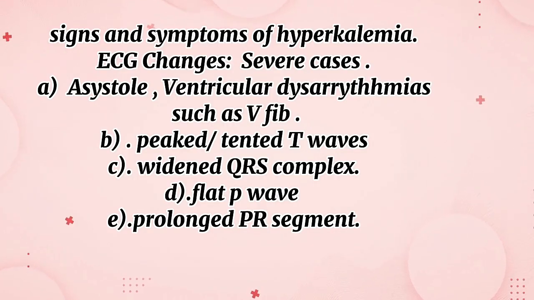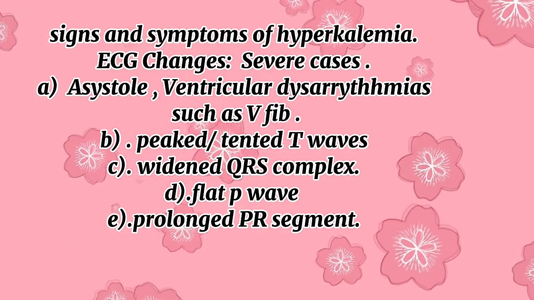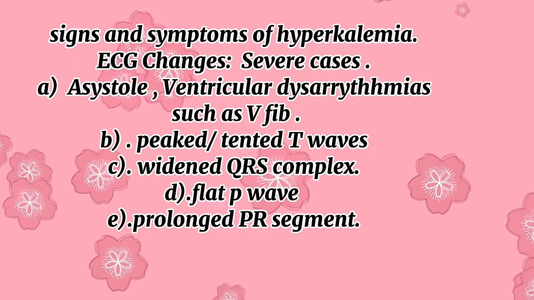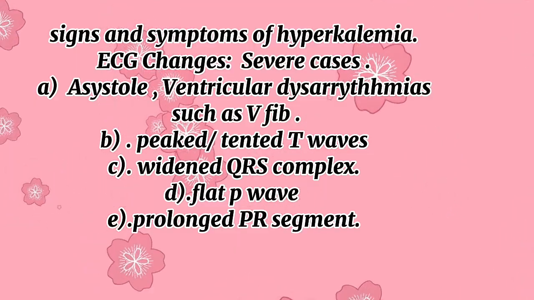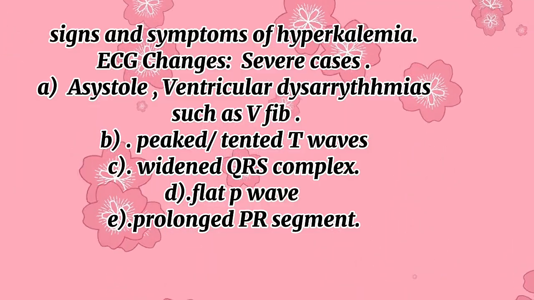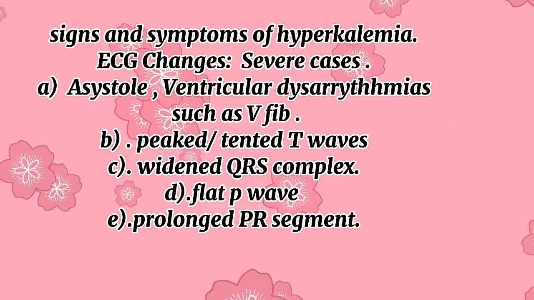That is the first ECG sign. They have peaked or tented T waves, and then they have a widened QRS, a flat P wave, and a prolonged PR. Don't be so scared about this. If you watched my previous videos when I was talking about myocardial infarction and the likes, you might be familiar with an ECG strip.